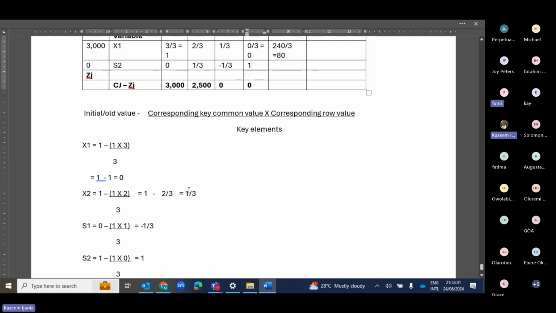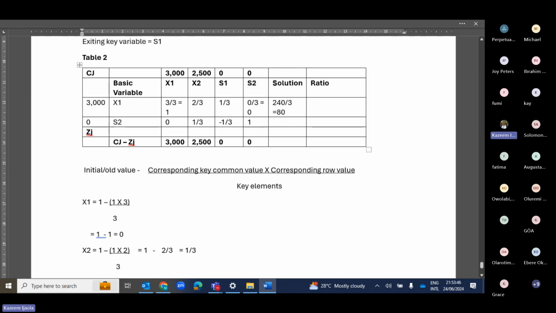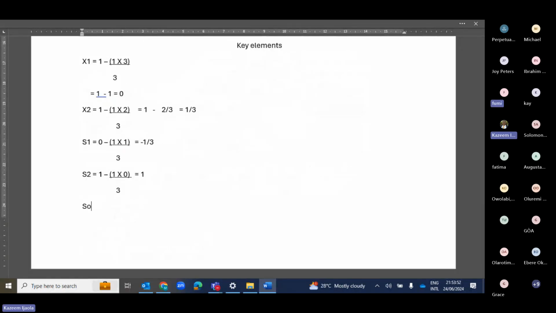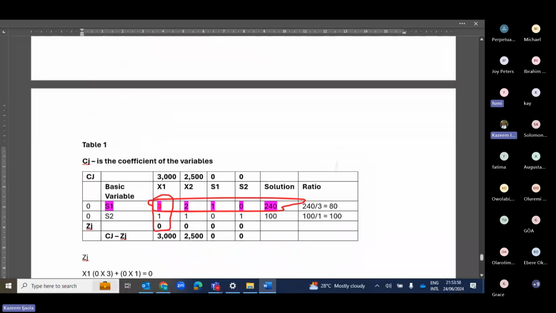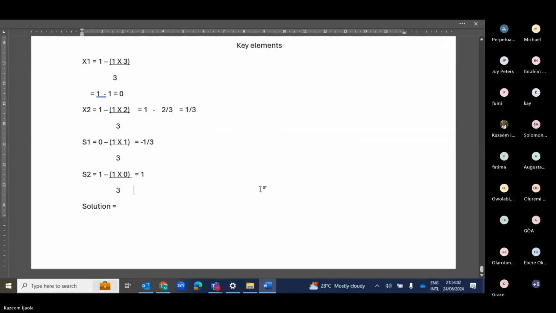Now let's do the solution value as well. For the solution, our initial value from the table is 100.